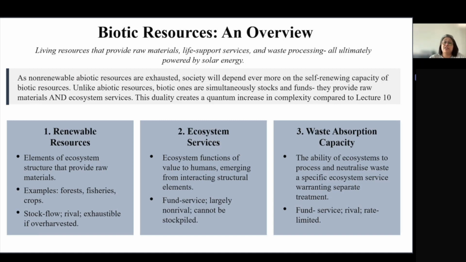It is rival too, because if one country uses it more, for example, the whole problem of carbon dioxide emission is that if I am reducing my emission but somebody else has increased, then the capacity of the atmosphere overall comes down. So it is rivalrous as well. Because of this important distinction, we treat waste absorption capacity separately, even though it is technically a subset of ecosystem services.